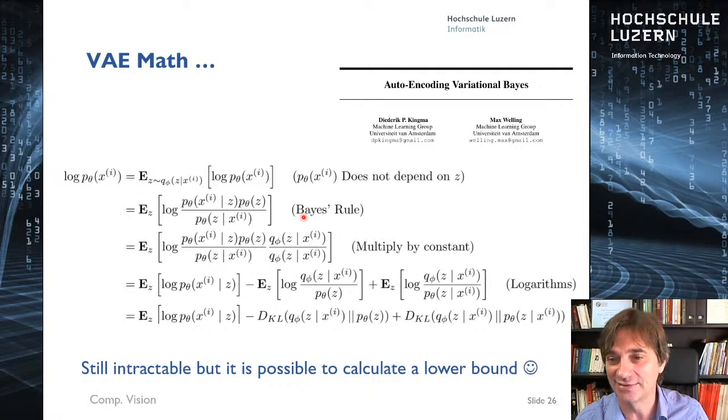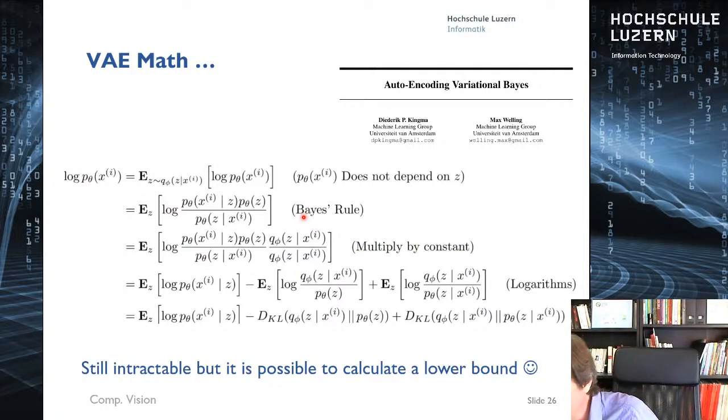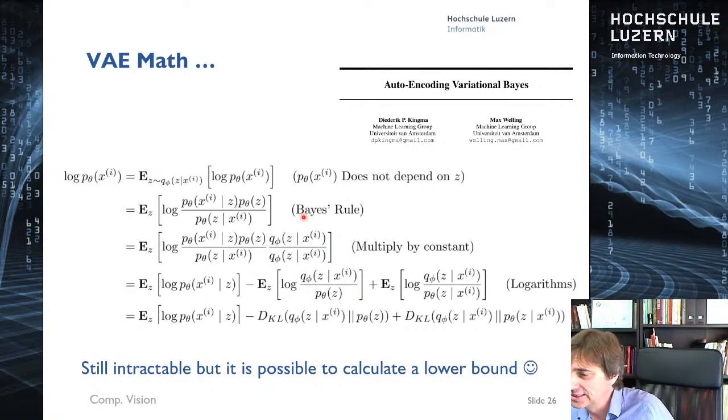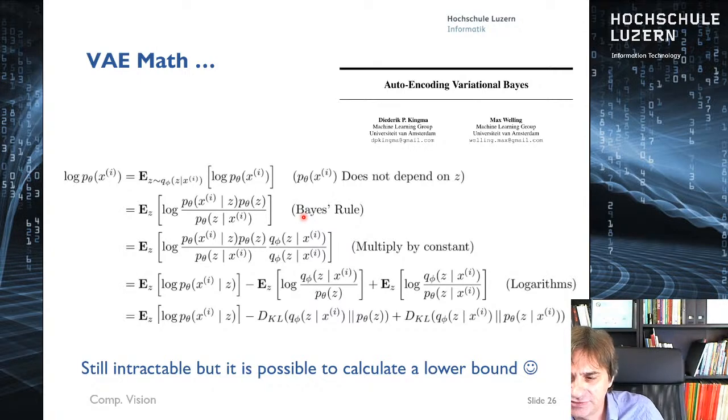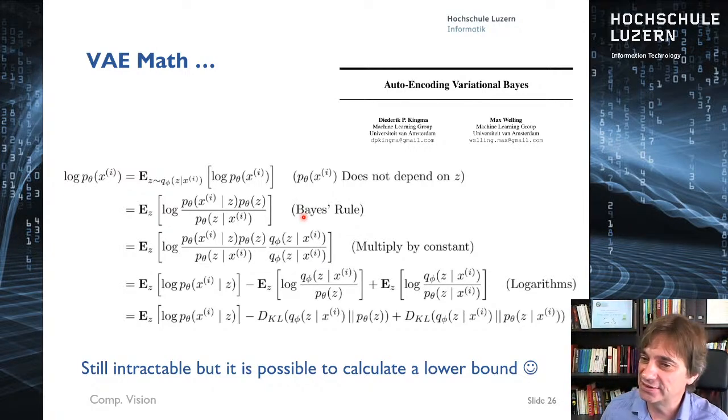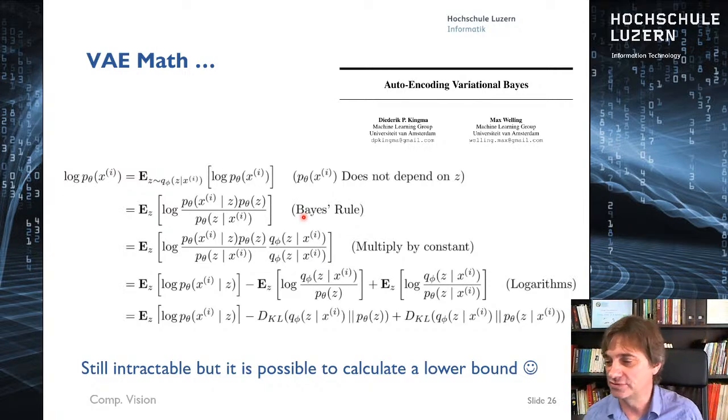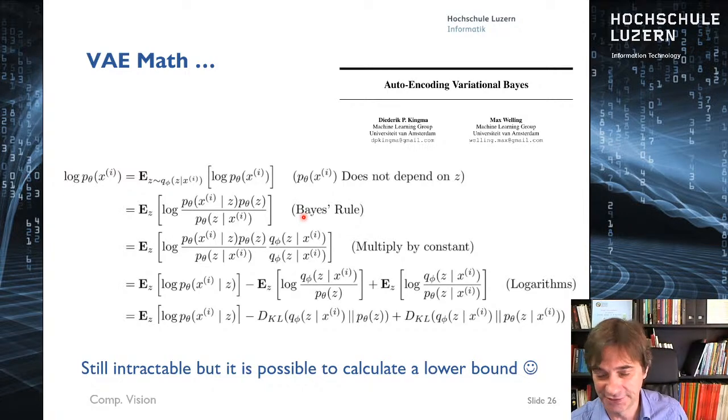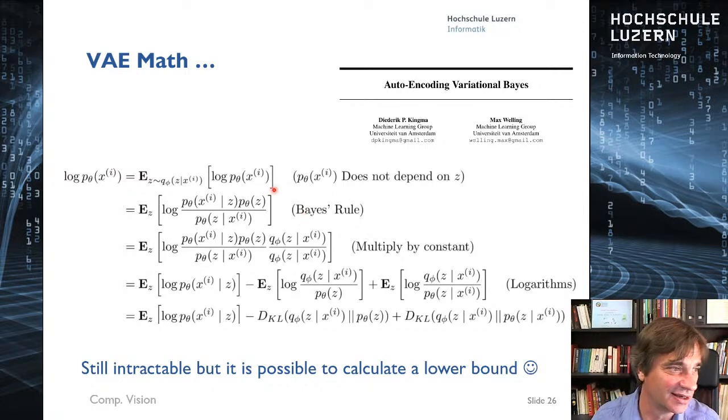So then there is a lot of math involved. The integral cannot be solved numerically beforehand, because you would have to go over all the space, which is just too much computation power, and symbolically you cannot solve it either.